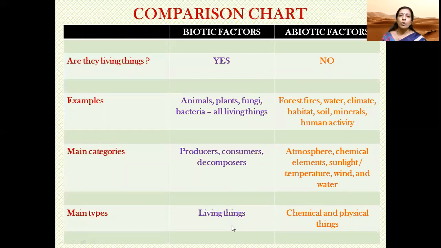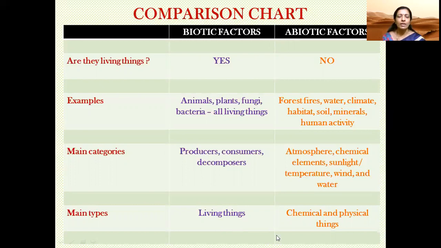Now here is a small comparison so that you can easily understand the difference between the biotic factors and the abiotic factors. So biotic factors are living things, abiotic factors are non-living things. Examples for biotic factors are animals, plants, fungi, bacteria, any kind of living thing. The examples for abiotic factors are forest fires, water, climate, habitat, soil, minerals, any human activity.